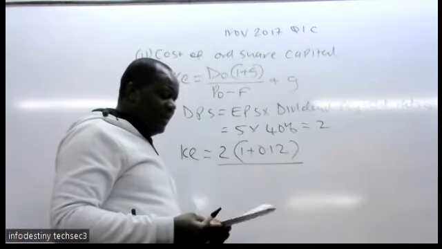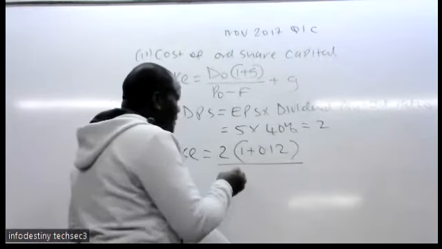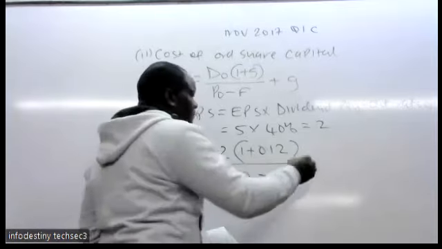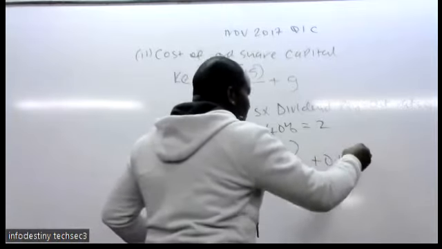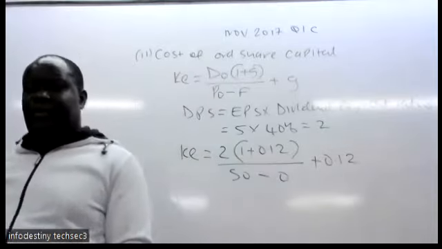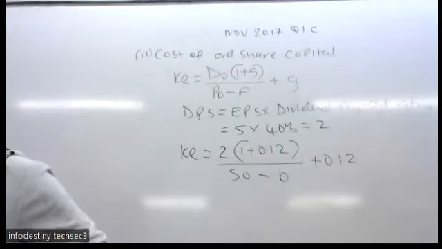Ordinary shares of the company are currently selling for how much? 15. So our P0 is 15. There was no flotation cost given. Then also add 0.12. Then express that value as a percentage.